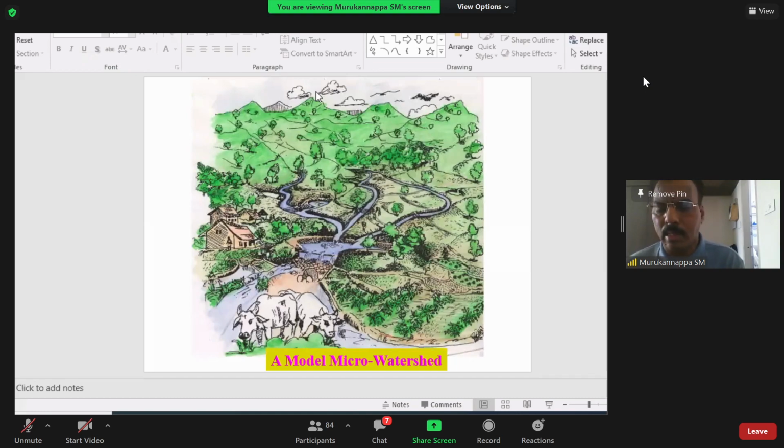Drainage line consists of the gullies, nalas, and also some water courses. These different categories of features of land, you can find in your selected place, if you have delineated a place for the conservational measures.